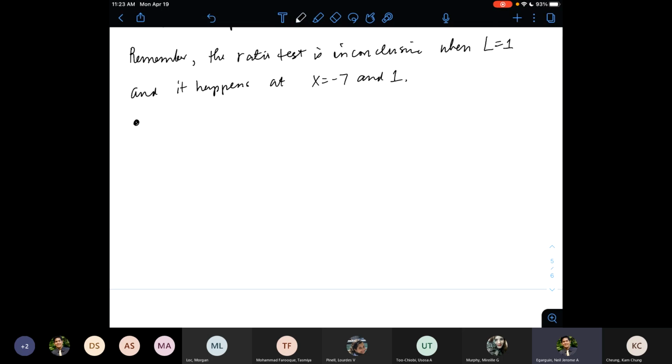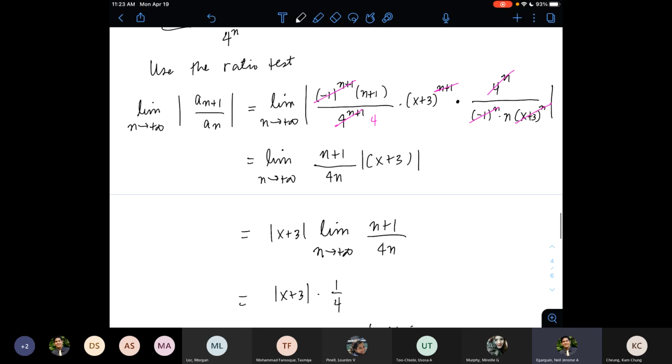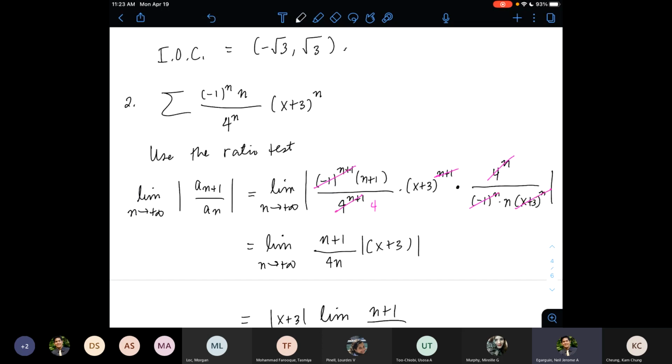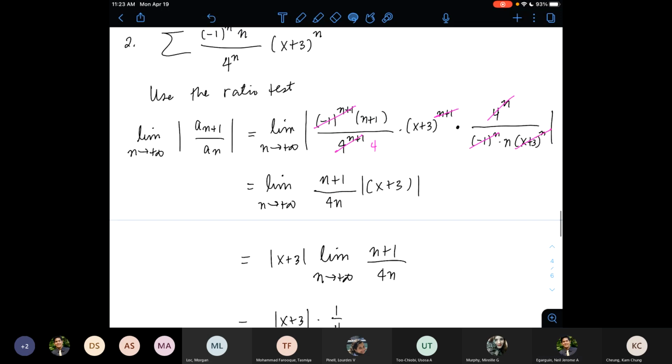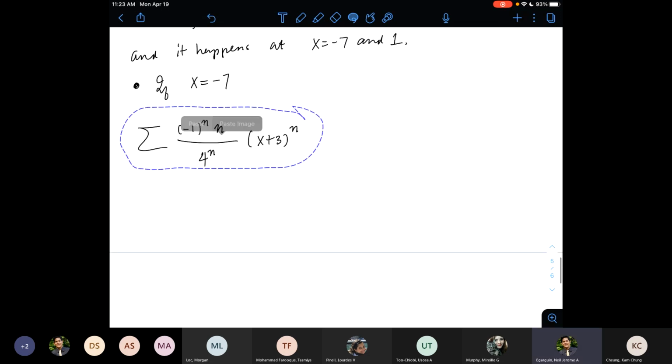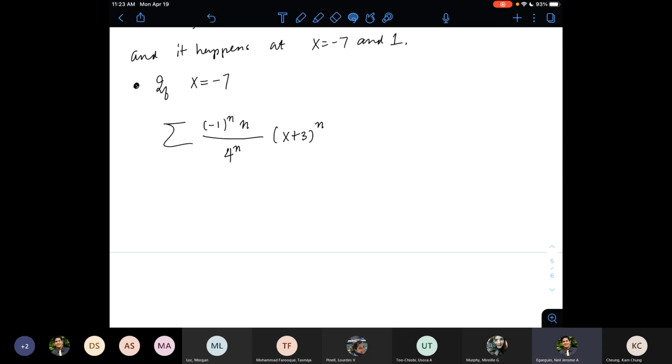And for that, we need to check them individually. So here, let's see what happens if x is equal to negative 7. We look at the given series. So this is the given series. Then all we need to do is to replace x by negative 7. So the x here will become negative 7. And then when we simplify, this would be negative 1 to the power n times n over 4 to the power n times negative 4 to the power n.